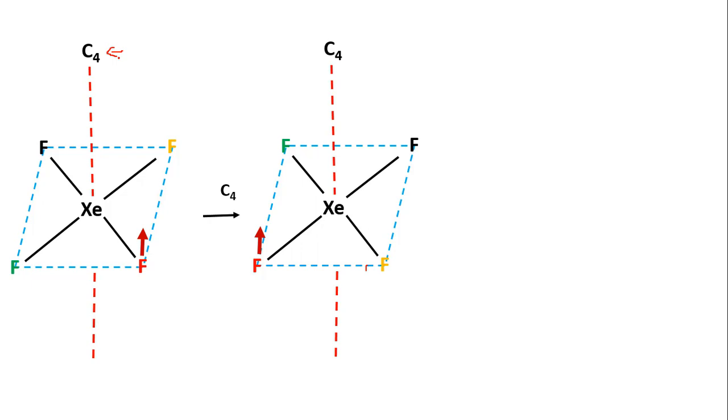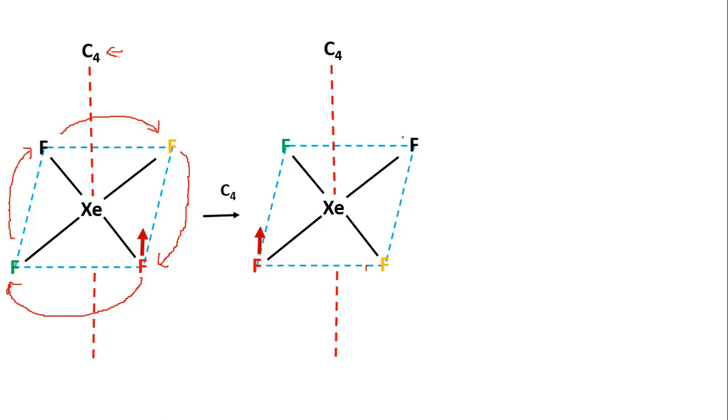Now we will look at the C4 operation and see what has happened. C4 rotation about 90 degrees. Yellow will be shifted to the place of red, red will be shifted to the place of green, green will be shifted to the place of black, and black will be shifted to the place of yellow.